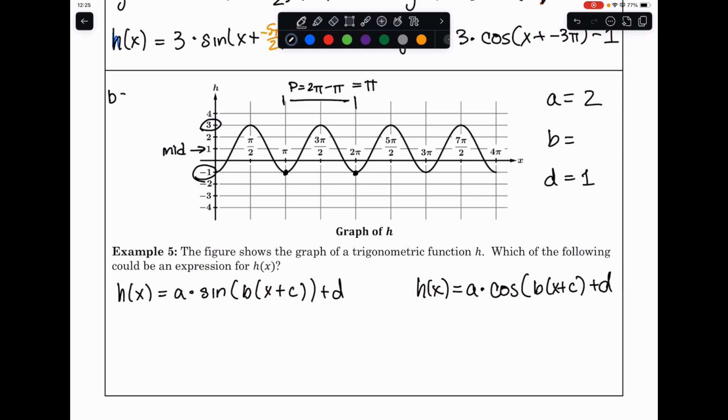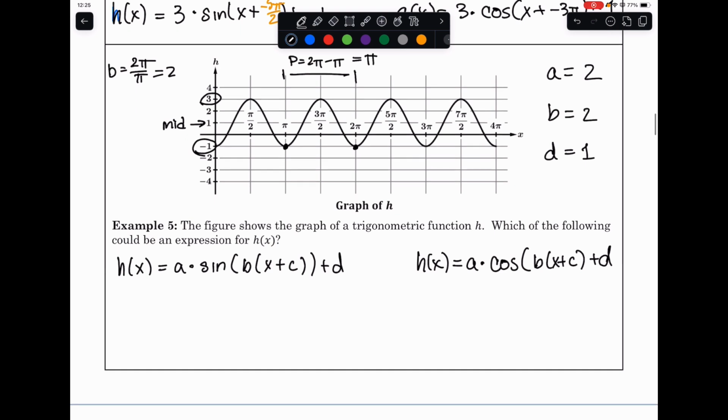So the value of B would be 2 pi divided by pi, which is 2. Okay. So for h, with sine, it's 2 times the sine of 2, parentheses, x plus some shift, plus our midline of 1.